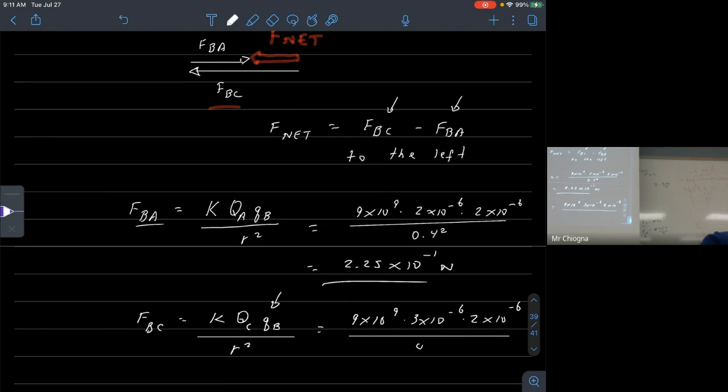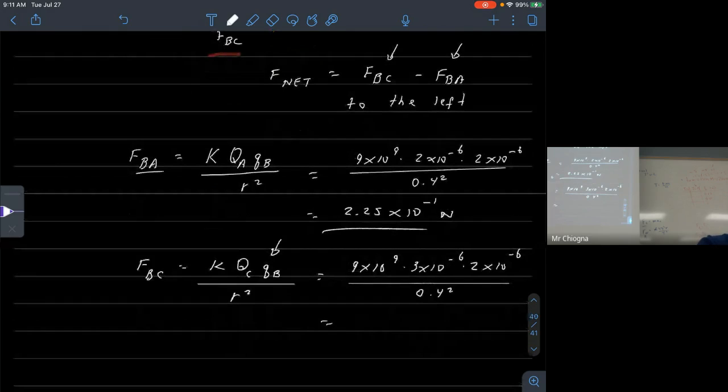The distance is the same. So this should be a little bigger, and it is. Carry an extra digit. Instead of 2, I would use 3 if you know you're going to use it in a second calculation.